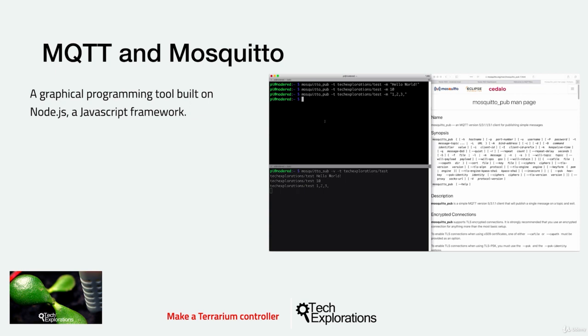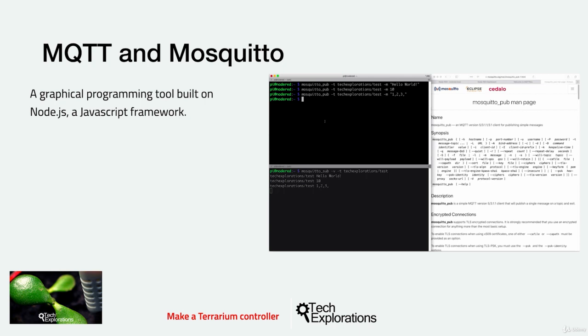As an extension for us, the Terrarium controller designers, we don't have to worry about programming complicated client relationships in the Node-RED flow or the ESP32 sketch. All we need to do is to know which topic a client should publish or subscribe to, and the broker will take care of the messaging.